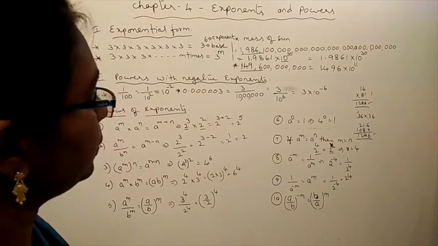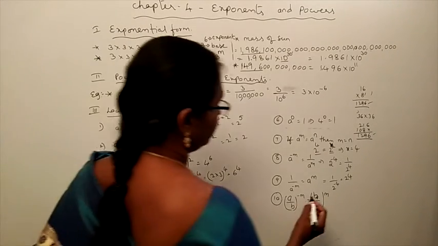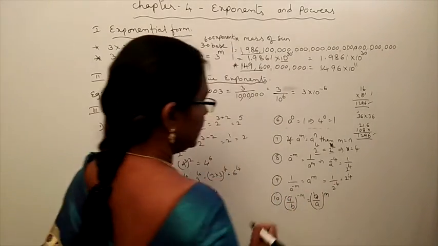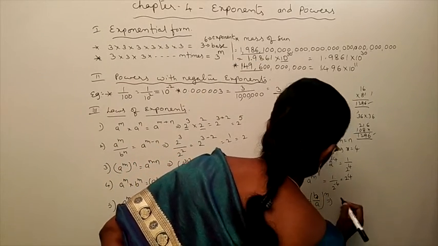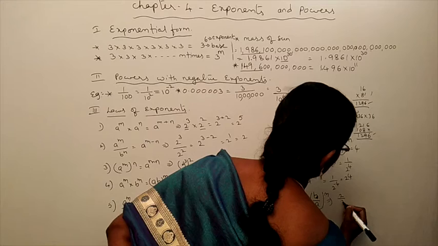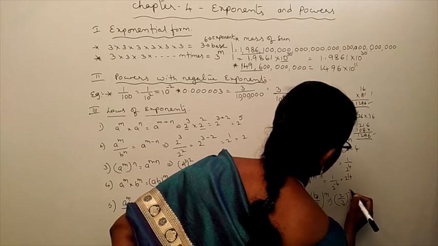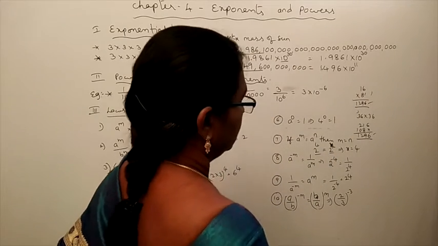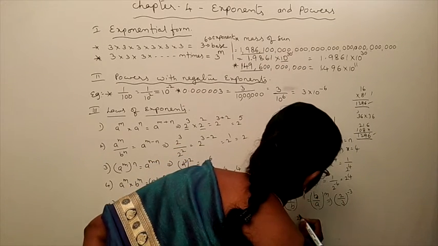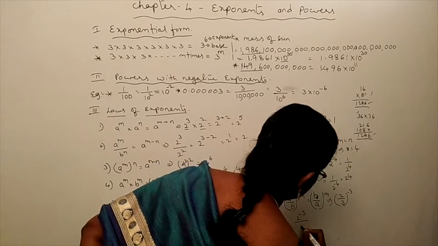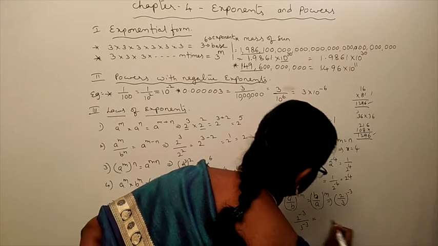A by b whole to the power of minus m is equal to b by a whole to the power of m. Suppose, for example, 2 by 3 whole to the power of minus 3. How to write? 2 to the power of minus 3 by 3 to the power of minus 3.